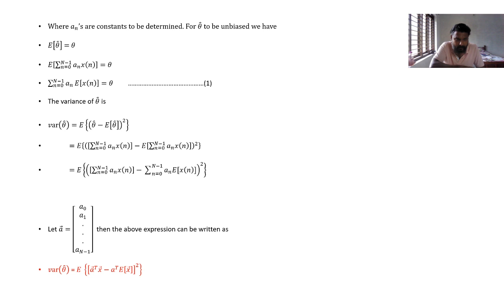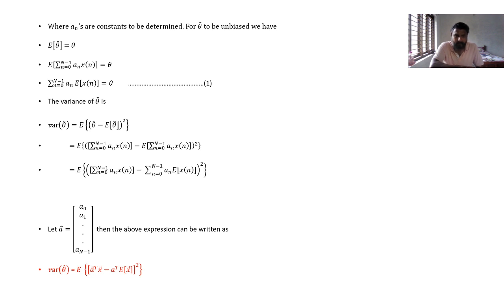Because vector A is a column vector, a_0, a_1, etc., a_n minus 1. Taking the transpose, it is nothing but sigma n equal to 0 to n minus 1 a_n into x of n, that is a_0 x of 0 plus a_1 x of 1 plus etc., a_n minus 1 x of n minus 1.